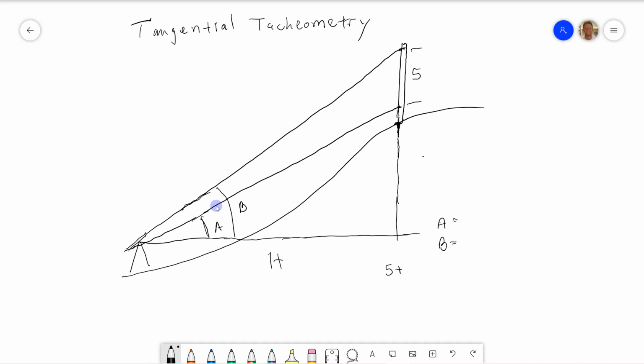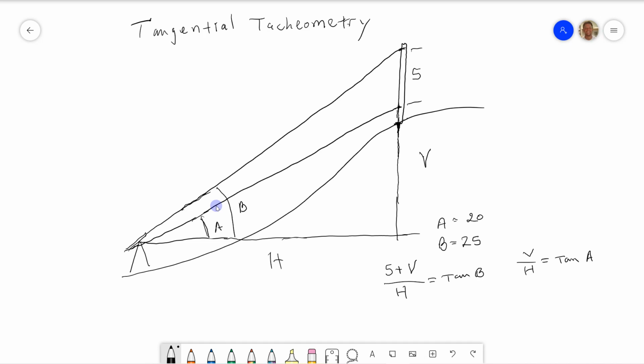Let's call it V. So 5 plus V over H is equal to tangent of B. And we have angle A, so V over H is equal to tangent of A. I think we're going to call A 20 and B 25.